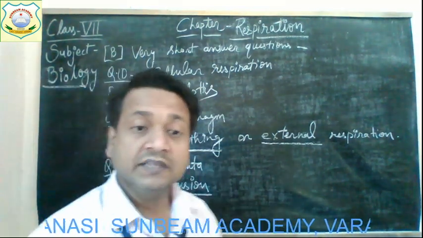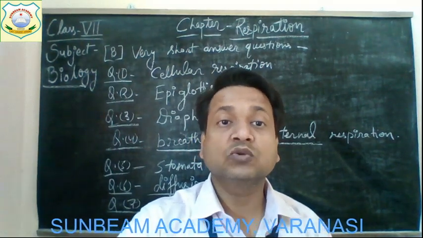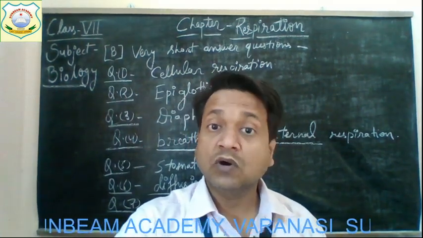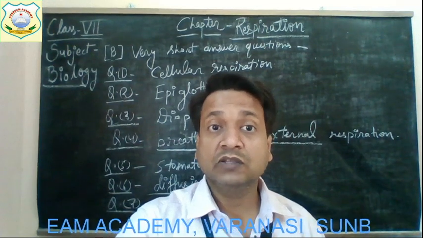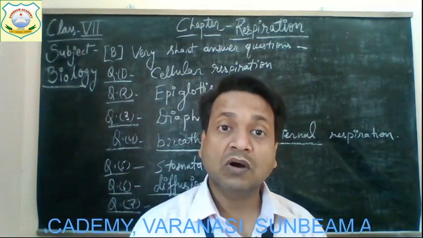Okay, now the question number 7, and the question is, exchange of gases in fishes occurs through gills, true or false? So children, you have to write whether the given statement is true or false.